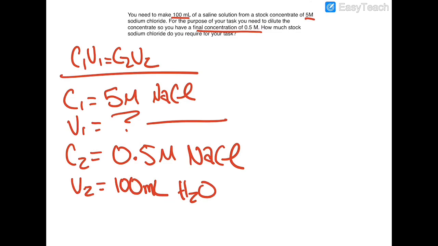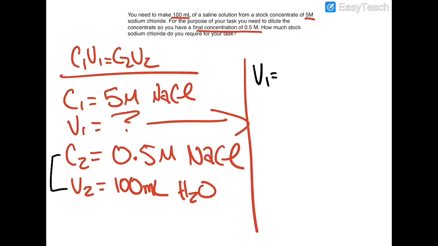All right, so let's do some math. So we want to find V1. So we'll put V1 equals. And then we're going to have to rearrange our formula a little bit here, but that's okay. Because we have both C2 and V2, we're going to keep those together, and they're going to be on the top of our division here.